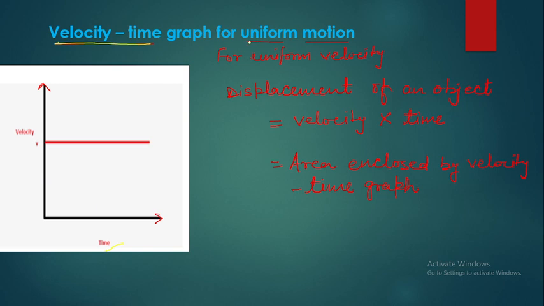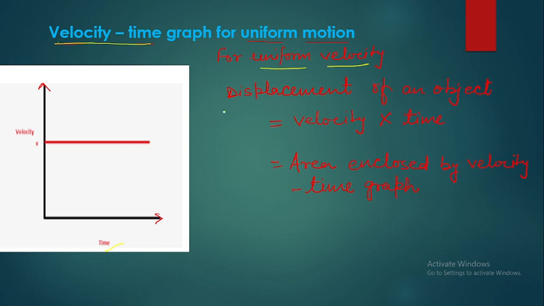It means the object moves with uniform motion. In this situation, the object also has uniform velocity. Uniform means constant. So the graph is a straight line parallel to the x-axis.